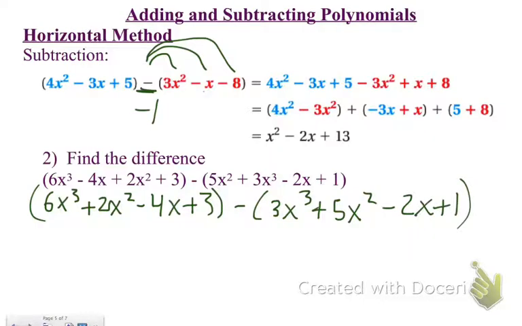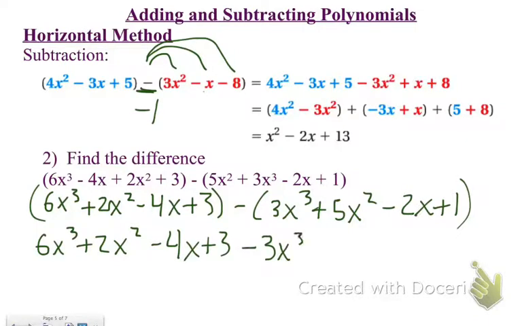And here I need to just distribute that minus or that negative 1. So I end up with 6x cubed plus 2x squared minus 4x plus 3 minus 3x cubed minus 5x squared plus 2x minus 1. And again, I can just group everything together.